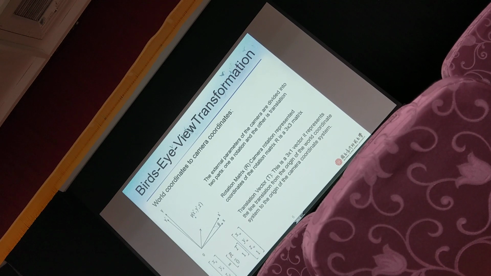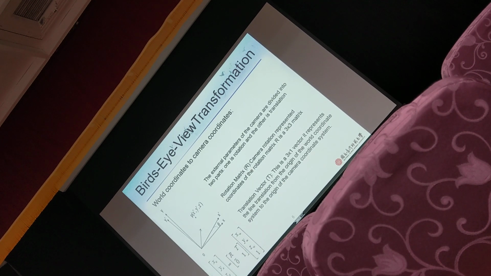The external parameters of the camera are divided into two parts. One is rotation and the other is translation. The rotation matrix represents the camera rotation. The rotation matrix is a 3x3 matrix.